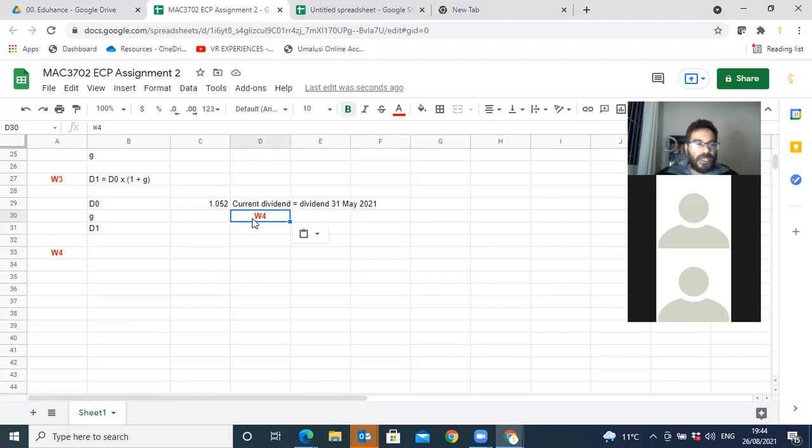So that formula works as follows. Growth using the compound growth formula. Why are we using the compound growth formula? Because it gave us a number of years.